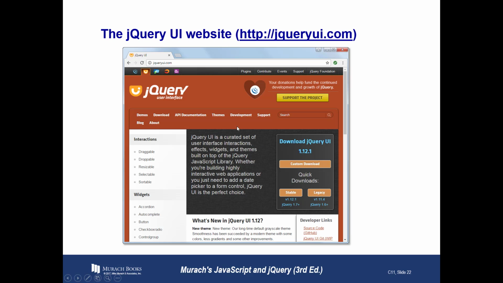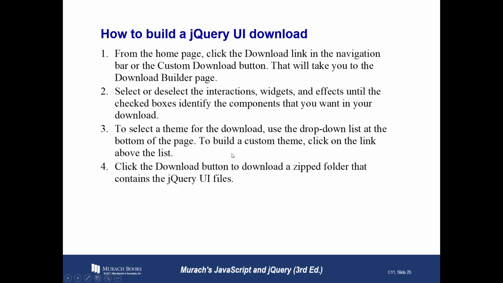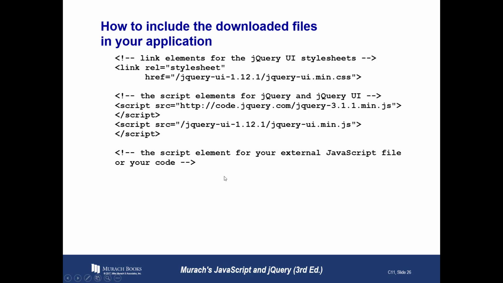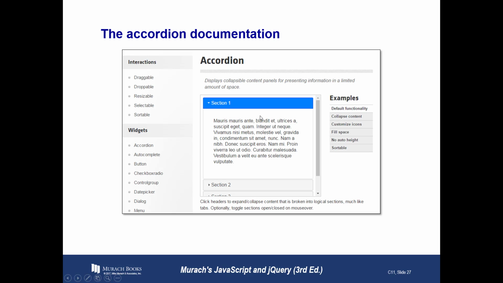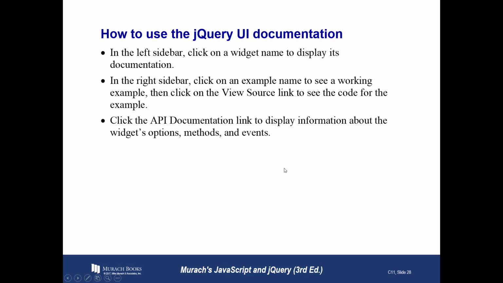And what a lot of people like to do is build their own custom theme because they don't want it to look like something somebody else did. They might want to put their own company's colors in, etc. Then click the download button to download a zipped folder that contains the jQuery UI files. It'll be something like this. Here's the accordion. We looked at that earlier, so I'm not even going to talk about it.